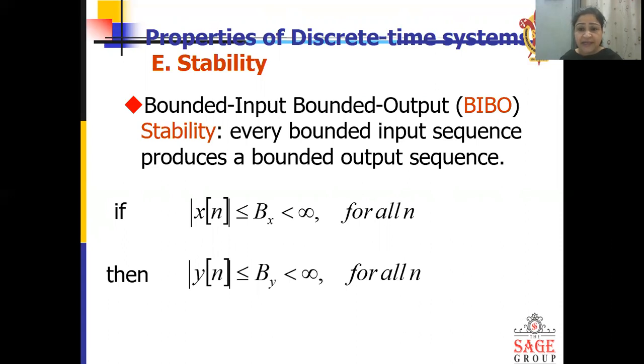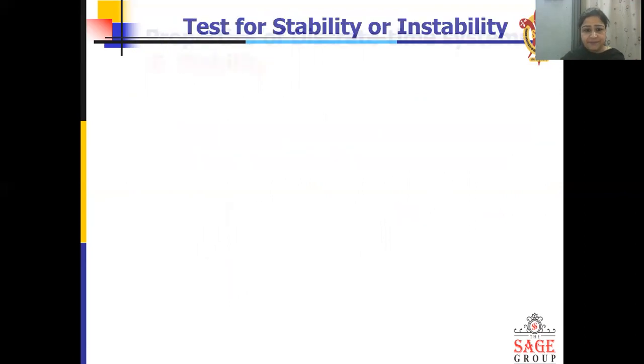Therefore, it is known as bounded input, bounded output stability, or we call it BIBO stability. That means if the magnitude of my input is less than or equal to some value Bx, which is less than infinity, that means Bx is a finite value for all n, then y[n] should also be bounded by a finite value By for all n. Then only the given system will be a BIBO stable system.